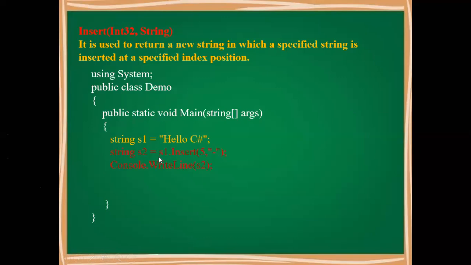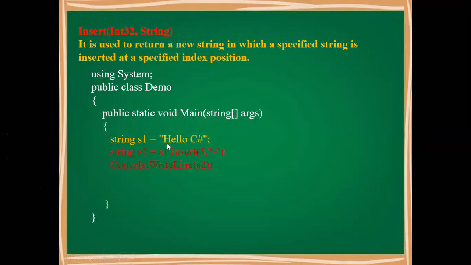Okay, so again I am reading in simple programming language. s1.Insert means we want to insert something into s1 at the fifth index position, and what are we supposed to insert? Dash. So before going for output, we can also clarify here itself.